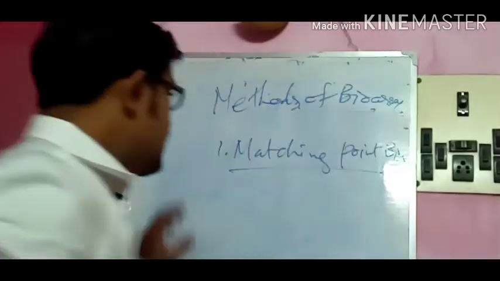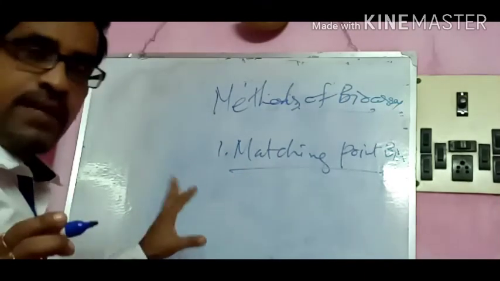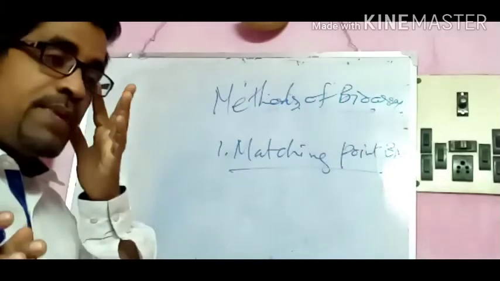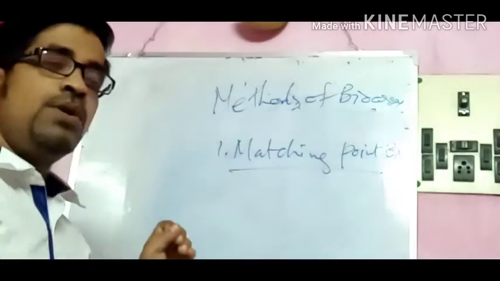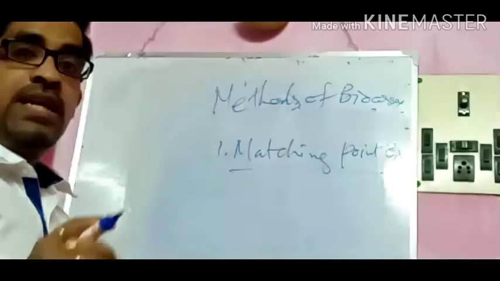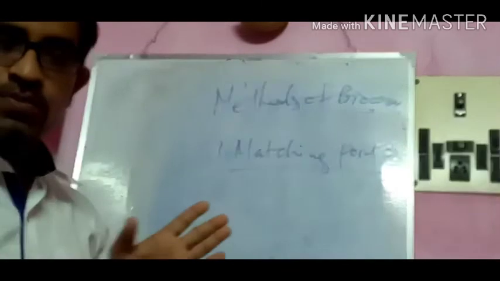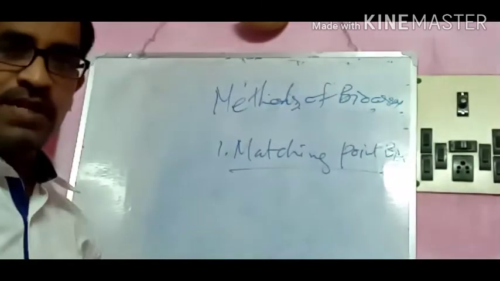This is one of the oldest methods of bioassay technique. I taught you in the previous class what a standard is. Standard means the substance whose activity or purity is known to you, which is already established.